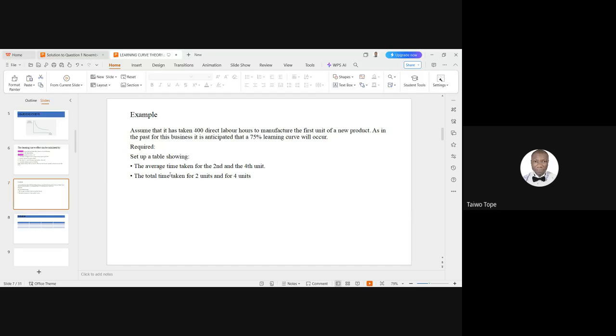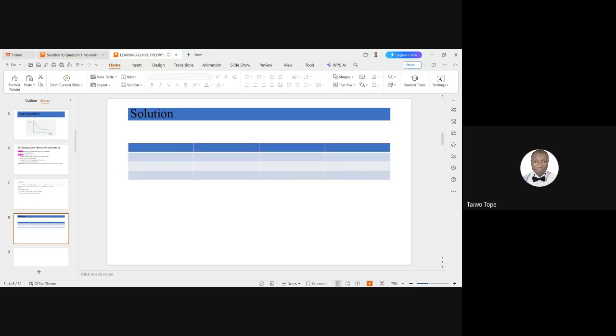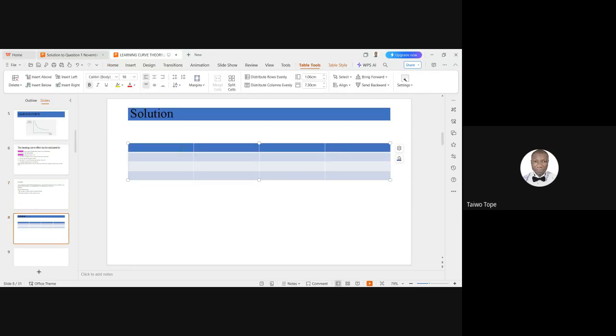Okay, set up a table showing this. So we'll have a table. You can decide to just give a label in this form for understanding purposes.